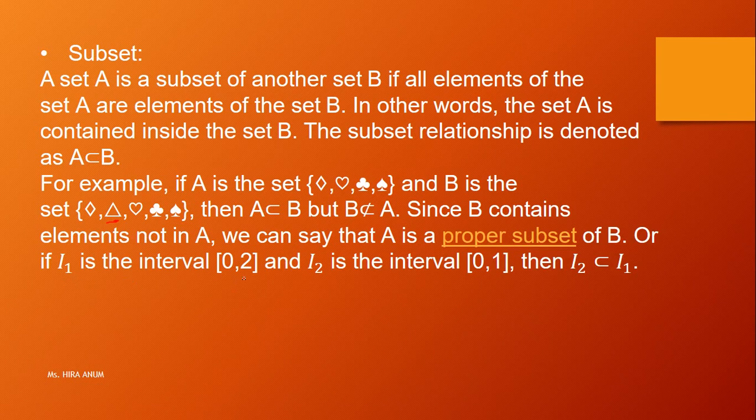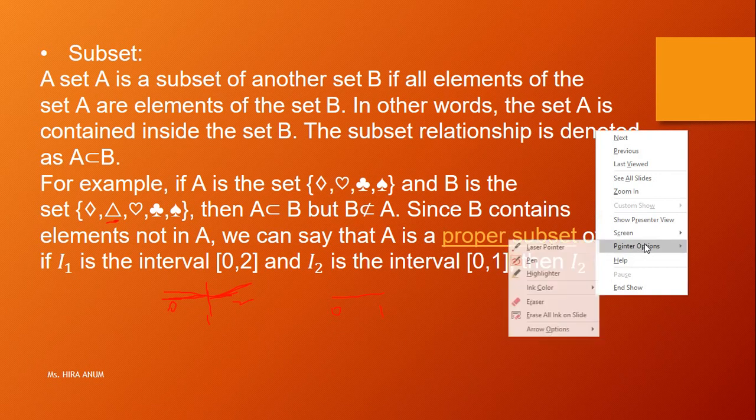Or I1 is the interval 0 to 2 and I2 is the interval 0 to 1. You can see I2 is 0 to 1, and it takes these values, which lie within I1, so I2 is a subset of I1.